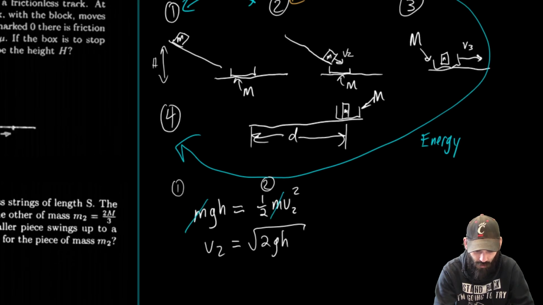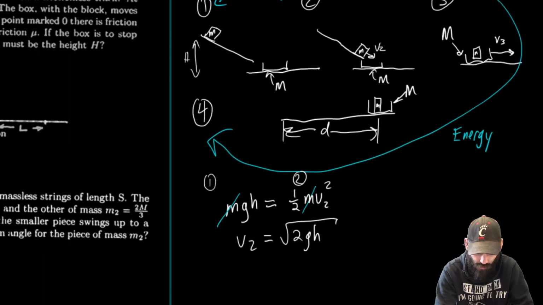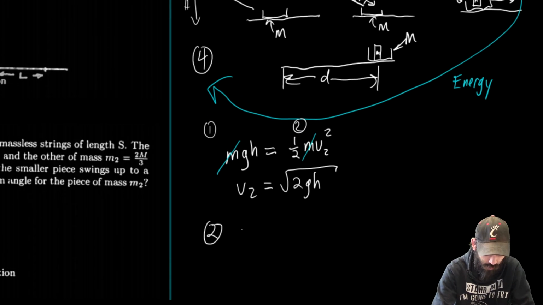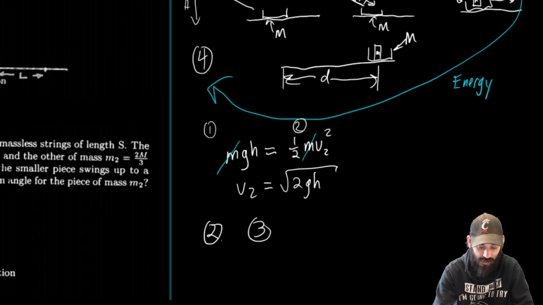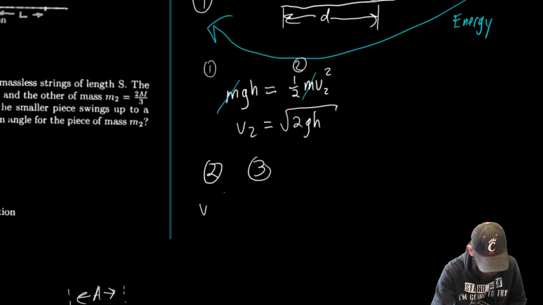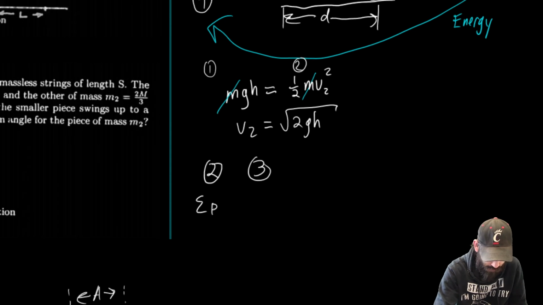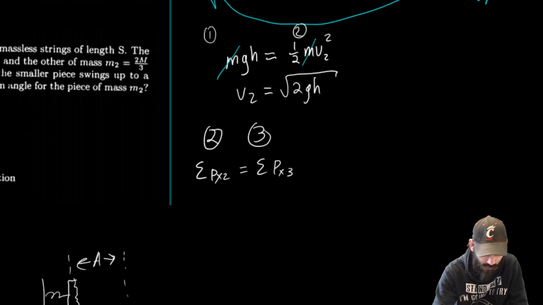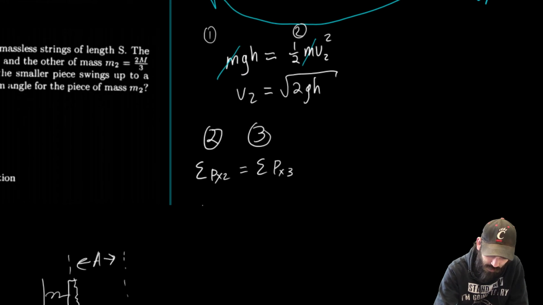Now, to go from state 2 to state 3, we're going to be conserving momentum in the x direction. So the sum of the momentum in x in state 2 is equal to the sum of the momentum in x in state 3. The momentum in the x direction for this one is going to be m times v2 times cosine of theta, right?